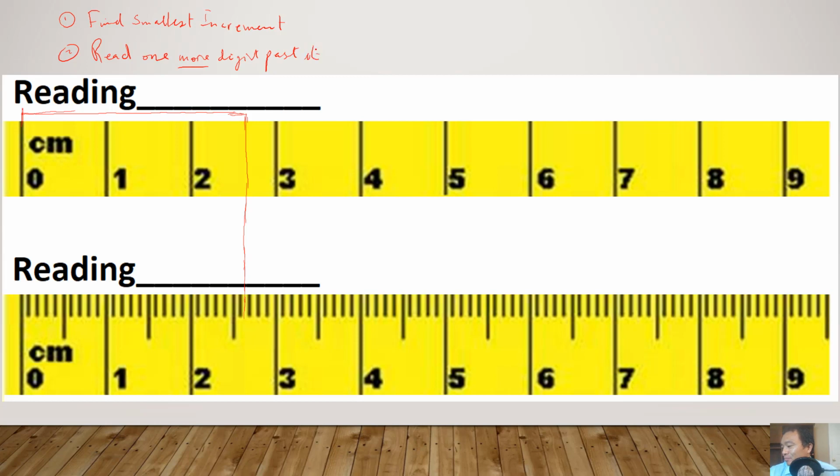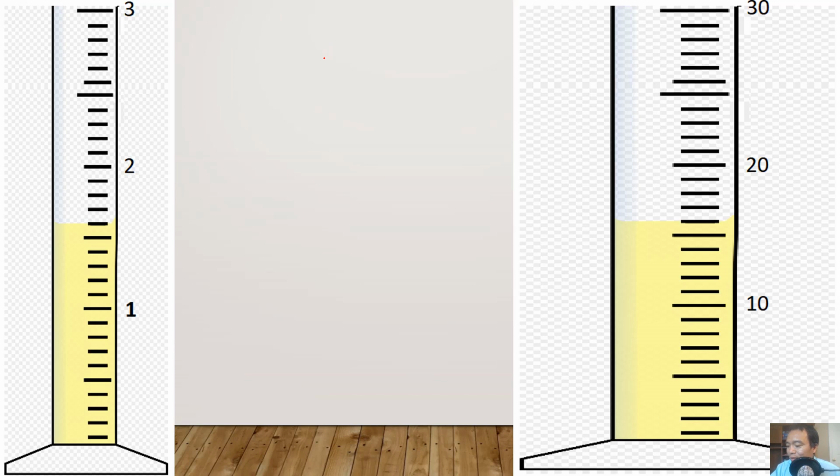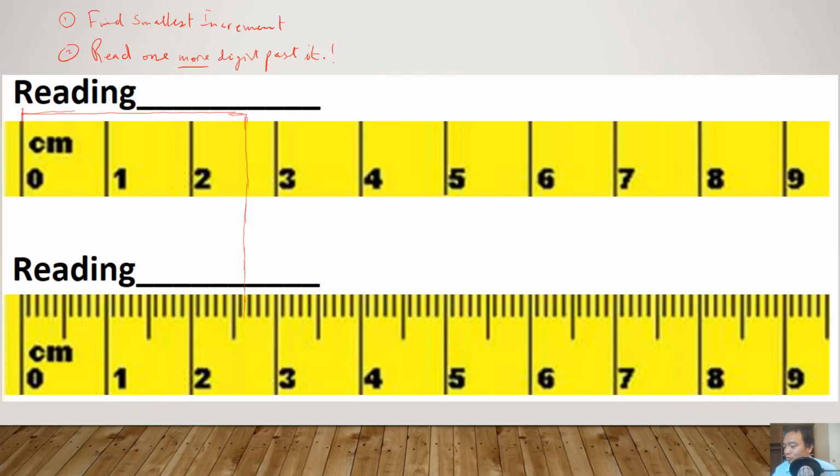Okay. So, let's move back. For example, on the top one, the smallest increment, which means how much it represents between the neighboring lines. Apparently, between these two lines or any other two lines over here, that's 1 centimeter. That's the smallest increment you see over here.